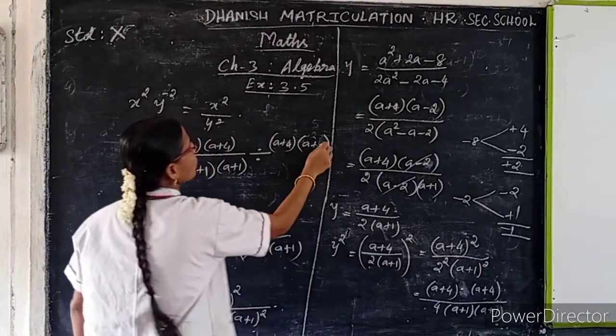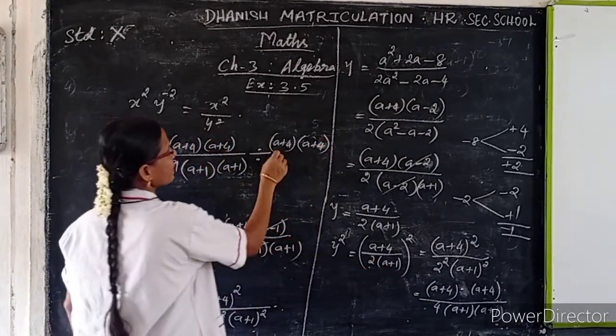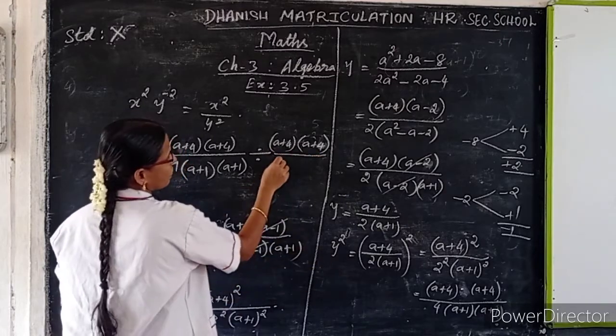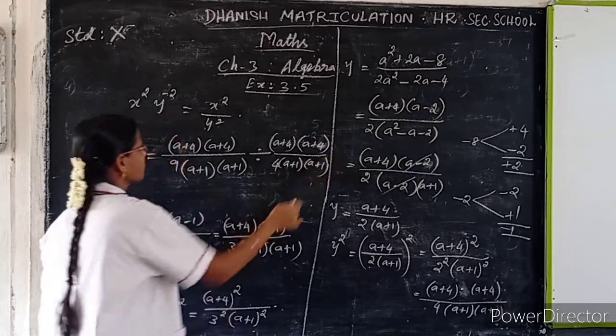Yes, (a plus 4) into (a plus 4), that is (a plus 4) the whole square, divided by 4 into (a plus 1) into (a plus 1).